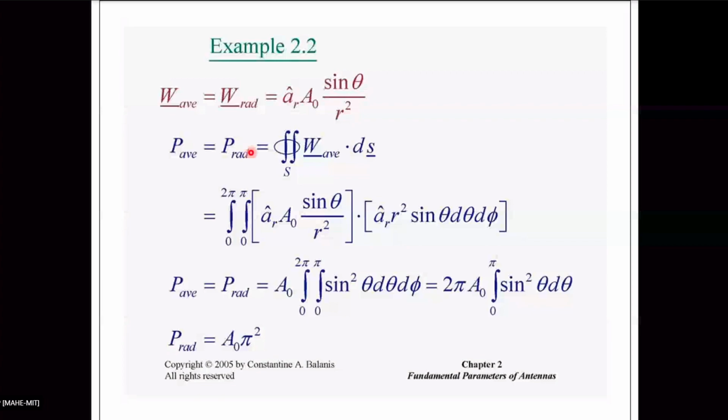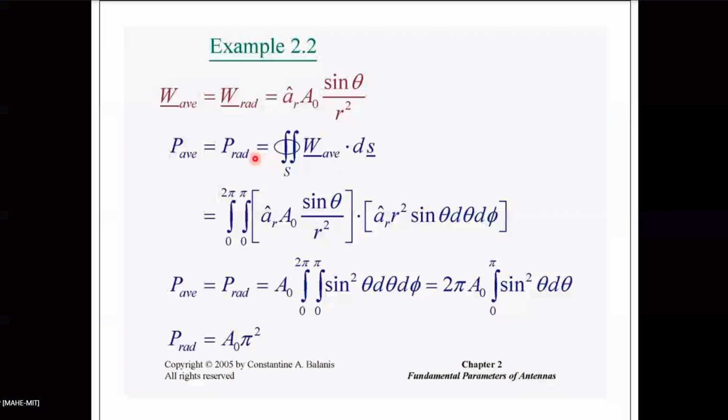P average, P radiated is equal to W average dot ds. The direction of area is AR cap R square sin theta d phi. This is W average. He has given that here.